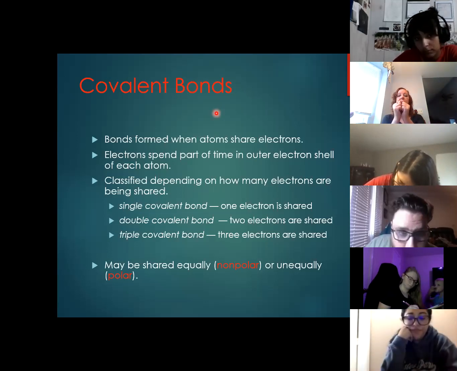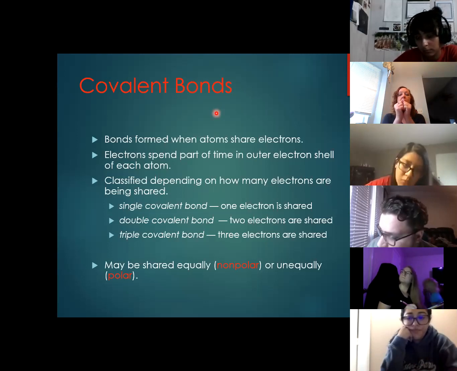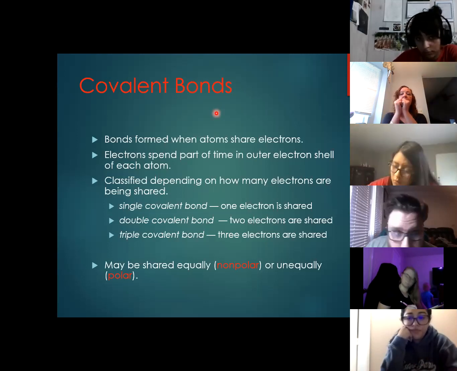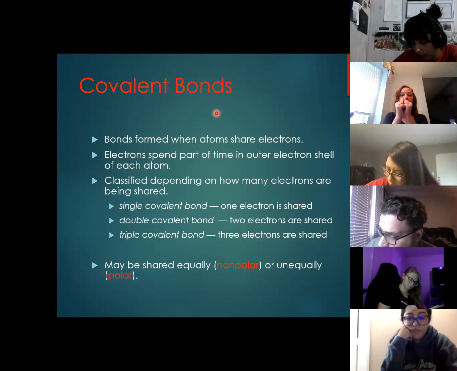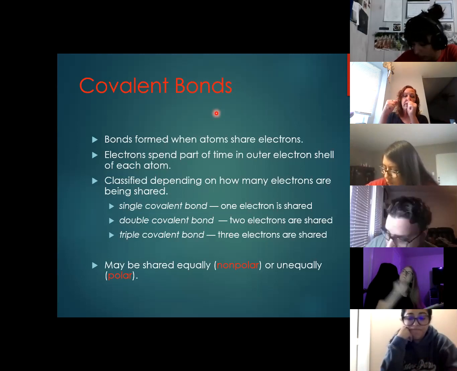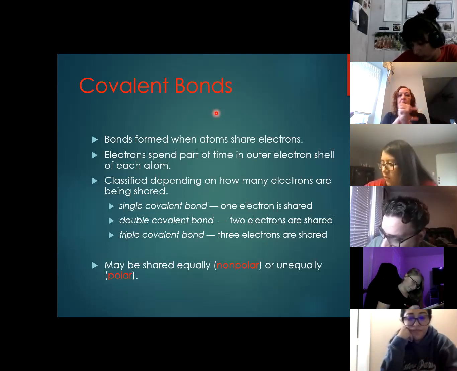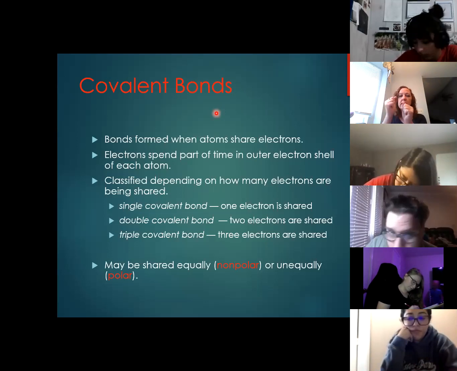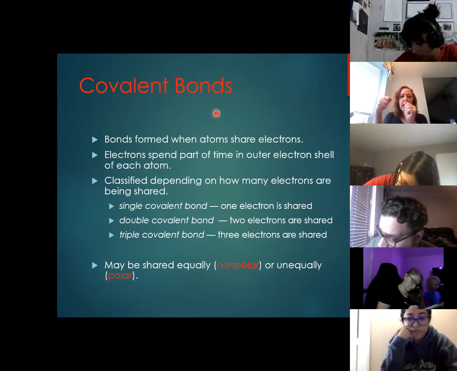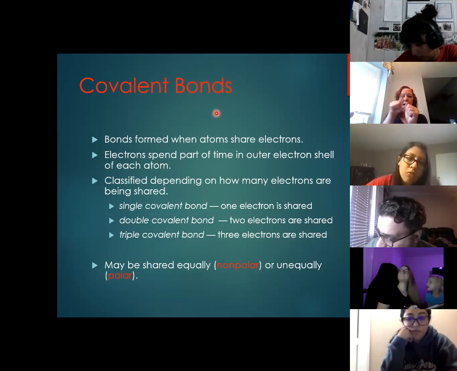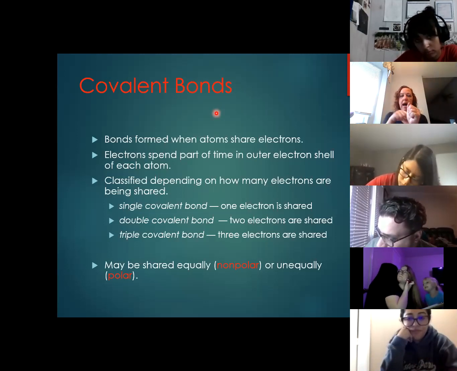Non-polar means they have the same charge. They're close enough and sharing close enough that their charges are the same. If this little guy starts floating out into space and is just loosely tethered, suddenly it depends on where the cloud is. The cloud is probably going to be closer to this guy, so this guy's going to be more negative because he's got more of the cloud.